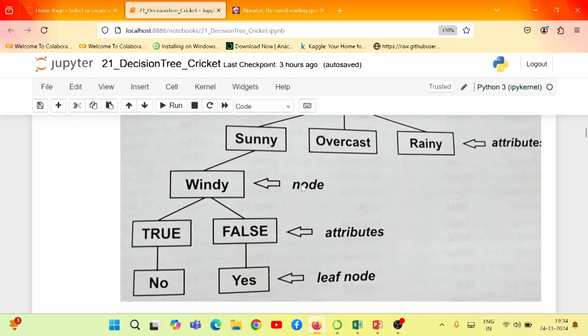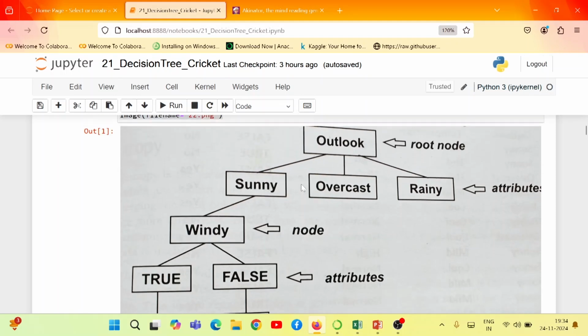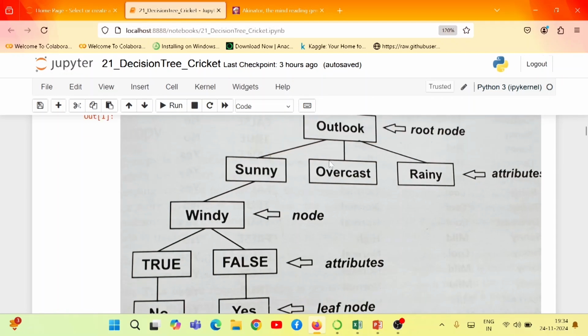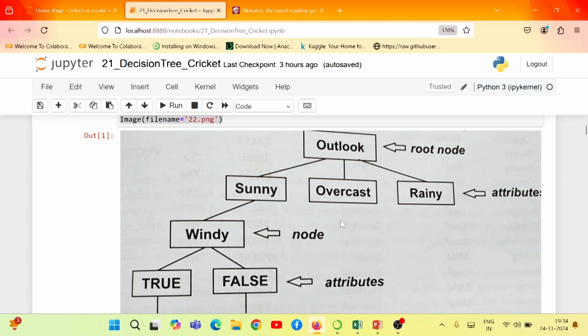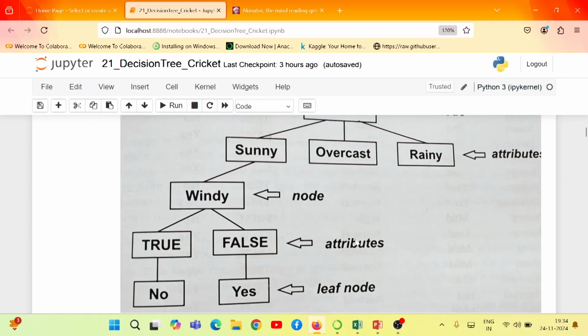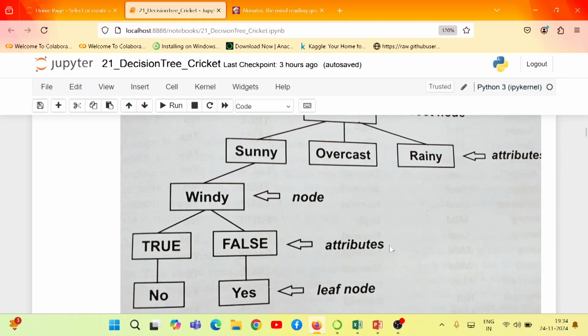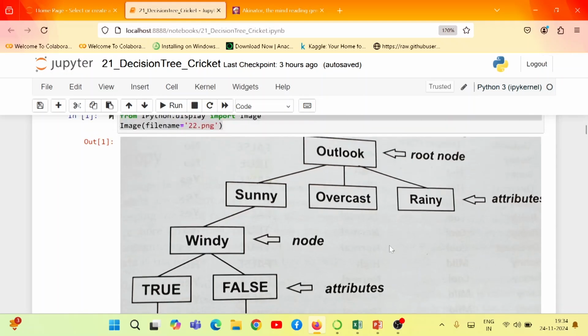Now the decision tree looks like a tree structure, as it is showing over here. We are showing one decision tree that represents the data that helps to take a decision whether to play cricket or not under the given weather condition.